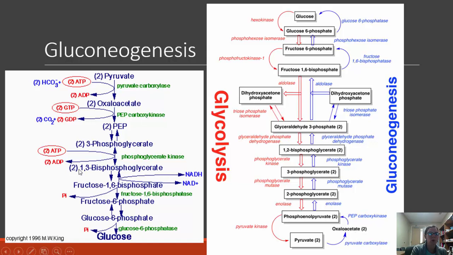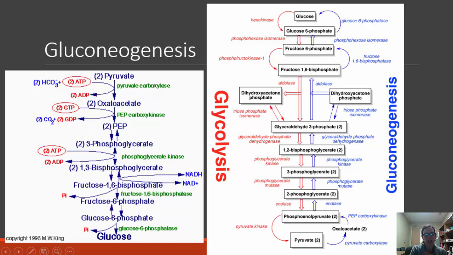But here's a little bit more detailed view of gluconeogenesis and our energy-using reactions. So we're starting with pyruvate, and we're trying to get back to glucose, but we can see this is using energy. We are using energy in this step, in this step, in this step.